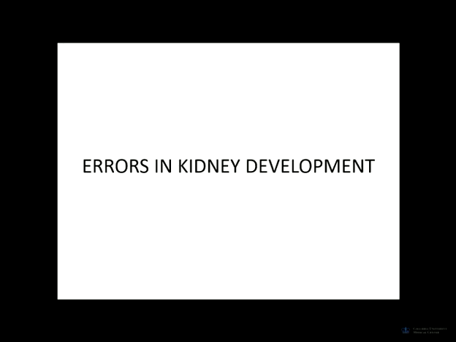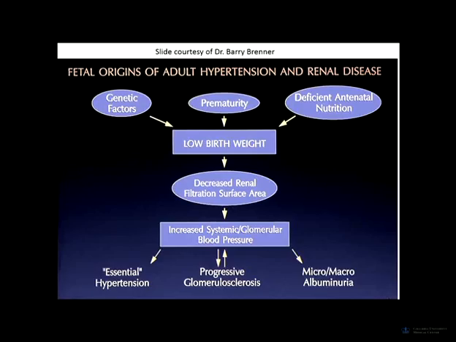So now I'll talk about the errors in kidney development that we see here in the clinic. There are fetal origins of adult hypertension and renal disease. So earlier when I said that a lot of disease later in life is caused by intrauterine events, there's a link between low birth weight, prematurity, or errors in kidney development and diseases later in life: hypertension, glomerular sclerosis, albuminuria.